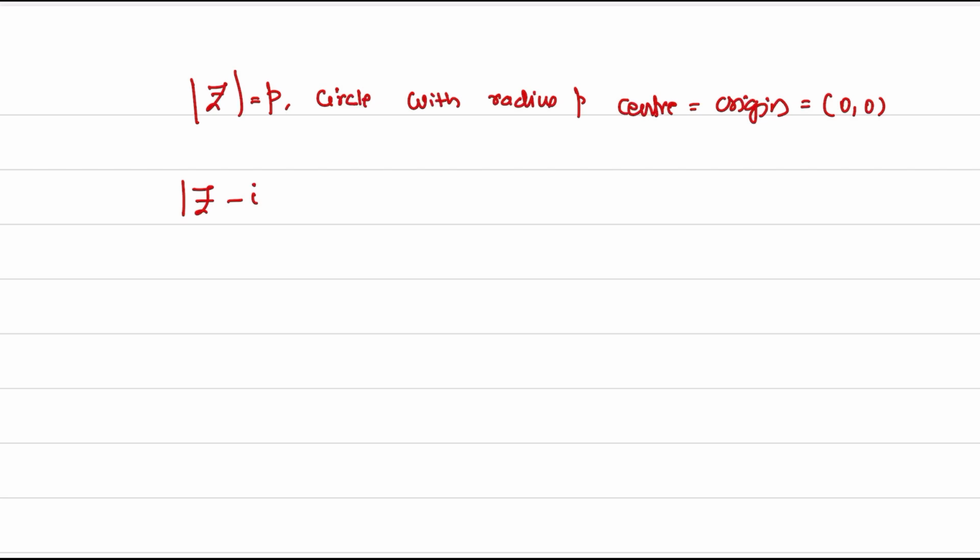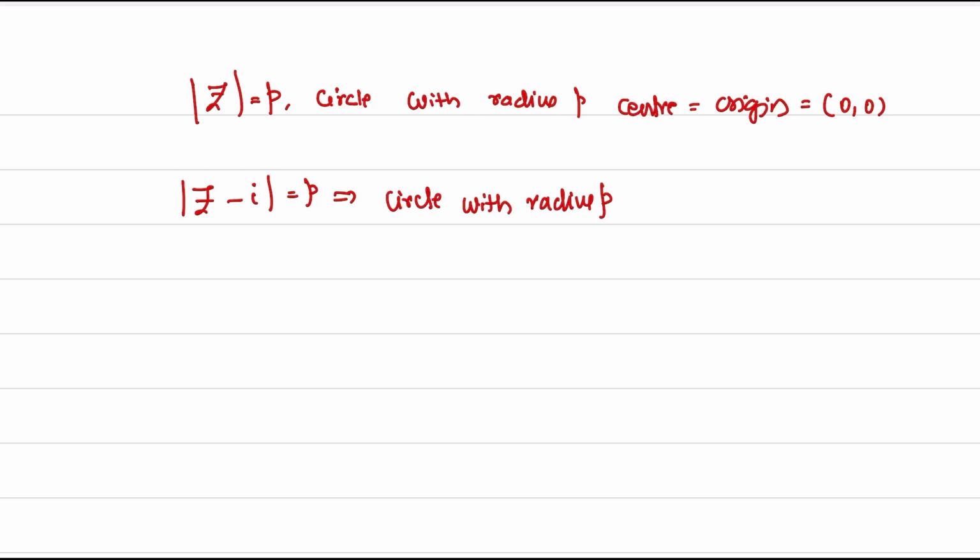Z minus i equal to P implies a circle with radius P. This P does not have any bearing on the question and answer which I have explained.